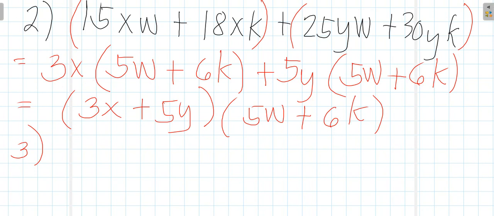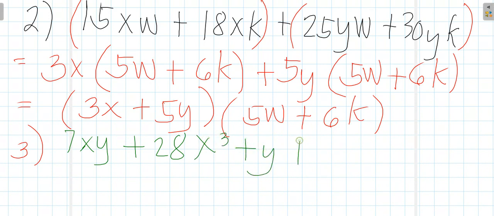Okay, so we have, color green, 7xy plus 28x cubed plus y plus 4x squared. Okay, so we group this one and this. So now look at this one.